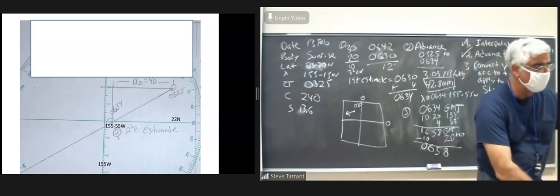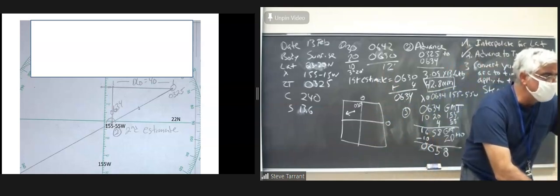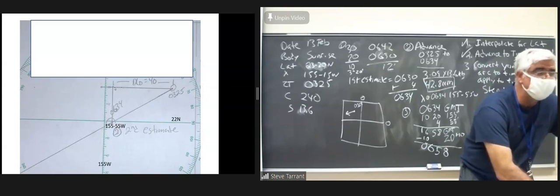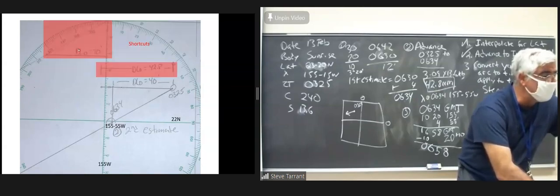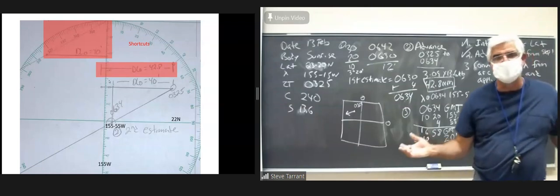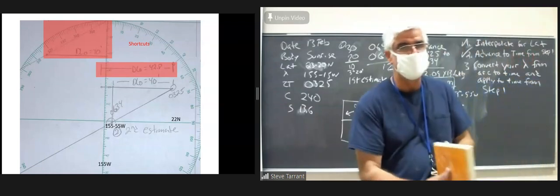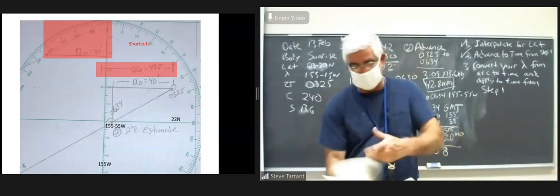Now I want to show you something. Because I didn't go due west, my D long here was about 40 minutes of arc. My actual change in longitude was 40 minutes of arc. If I had applied my 43 minutes as that, I would have been just 3 minutes of arc off.